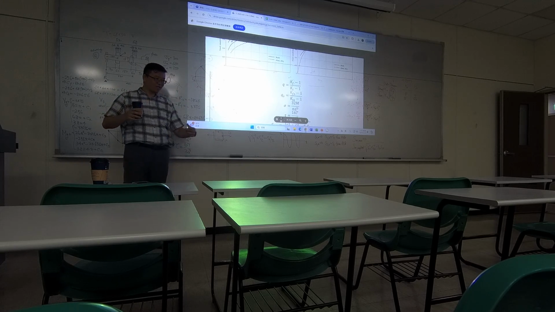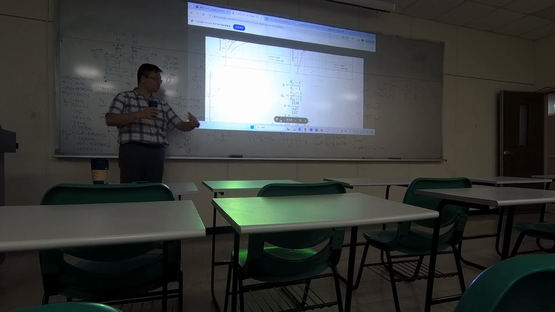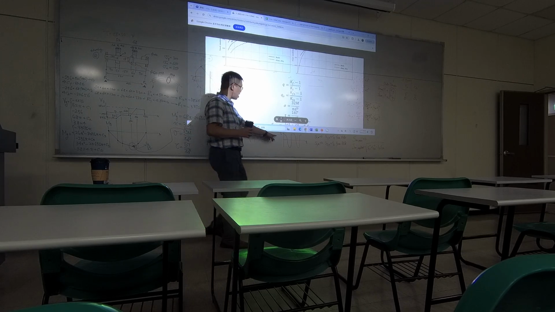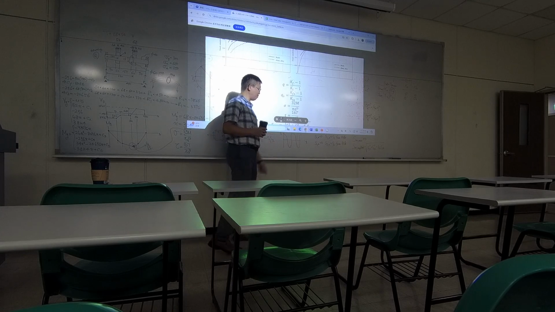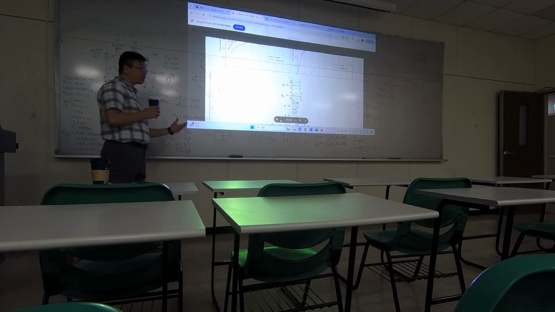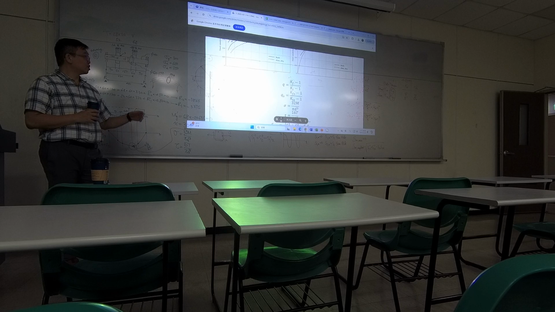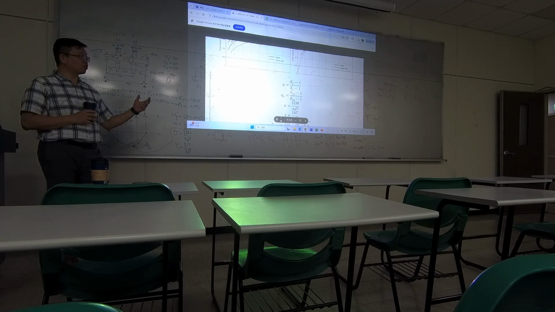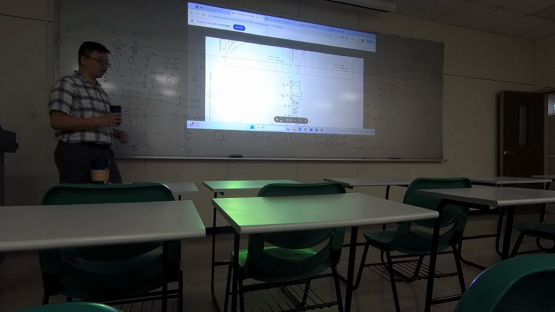When it goes to the bottom, it's being compressed. So it's pull, compress. The stress is like a sine wave. Okay? Since it's a sine wave, the mean value is 0. The only thing you need to care about is the amplitude.